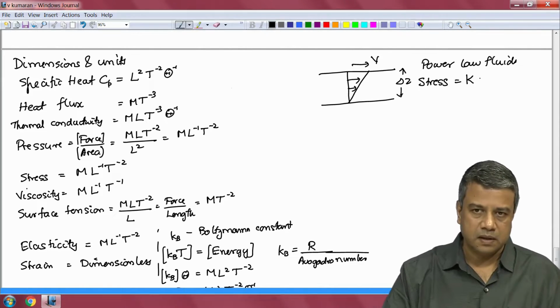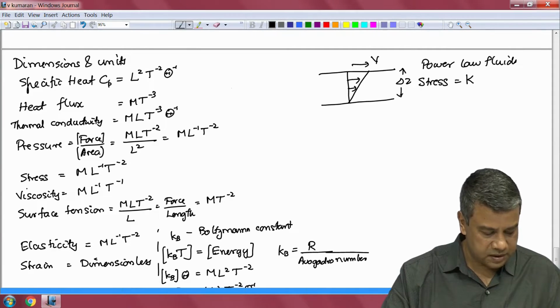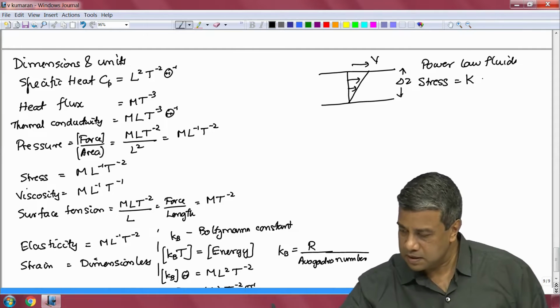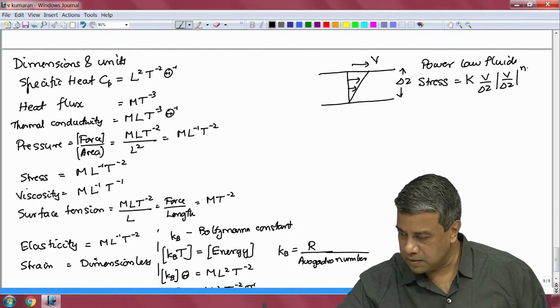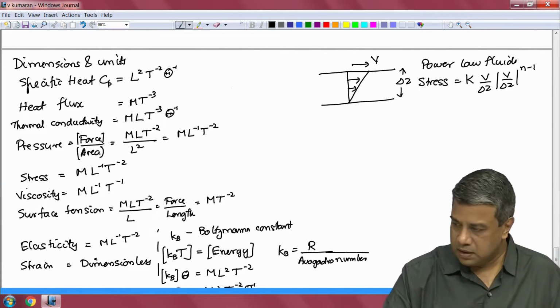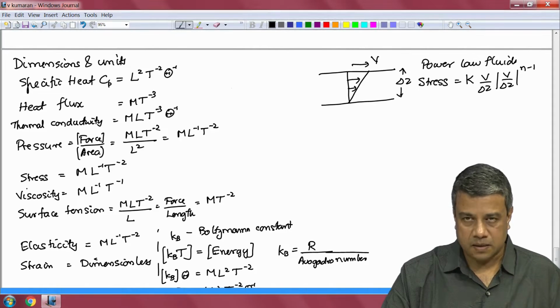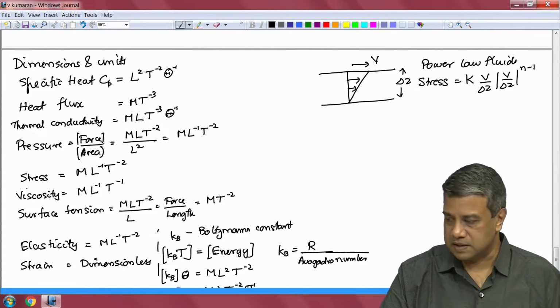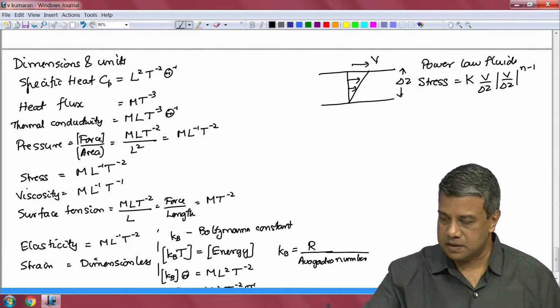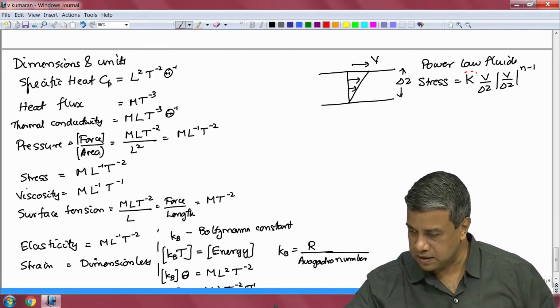It is called the flow consistency index K times V by delta z times the magnitude of V by delta z whole power n minus 1. N is a number, it is called the power law index, and K is called the flow consistency index. So, how do we determine the dimension of this flow consistency index?